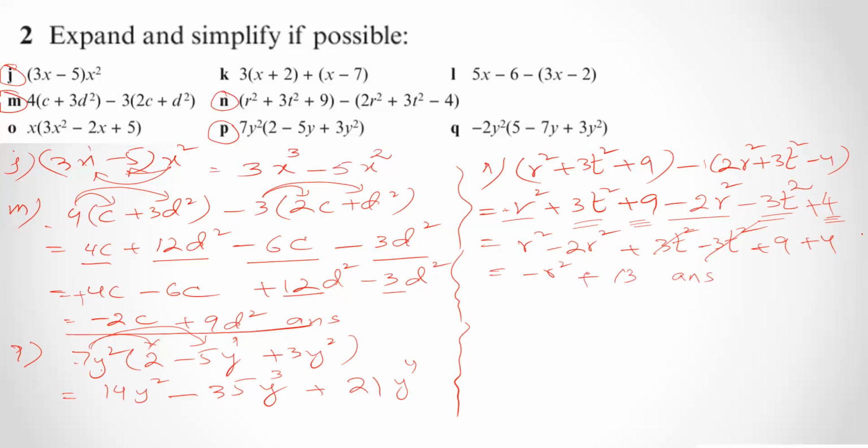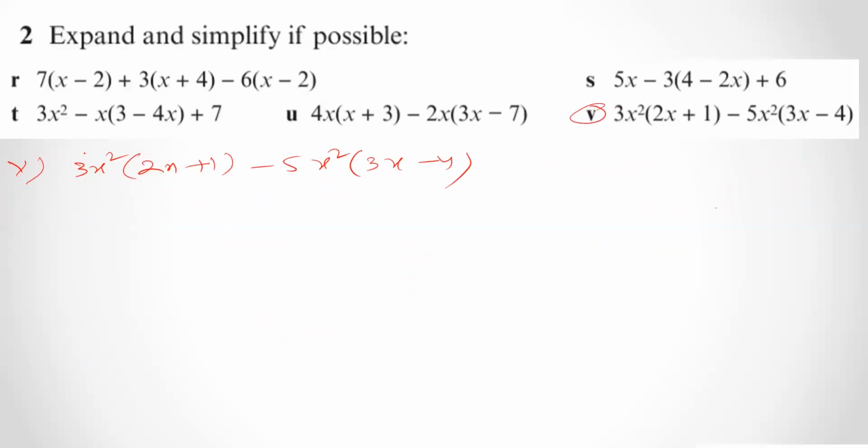Okay, the next part. Now in this question, 3x square will be multiplied with 2x. So 3 times 2 will be 6x square times x, meaning x power 2 plus 1, because nothing is written here, it means there is 1. Now 3x square times 1 will remain as it is, plus 3x square, minus.